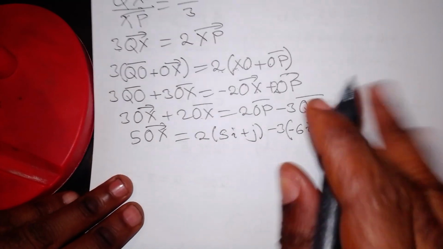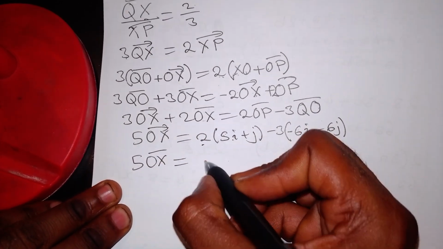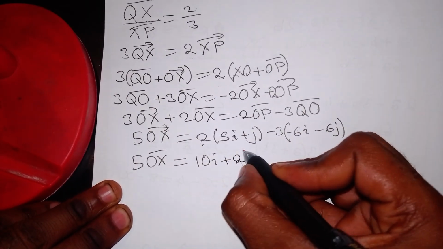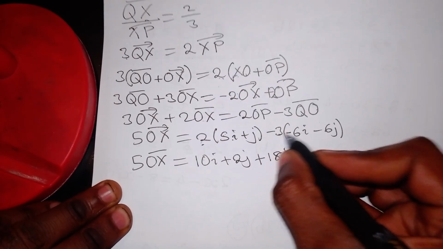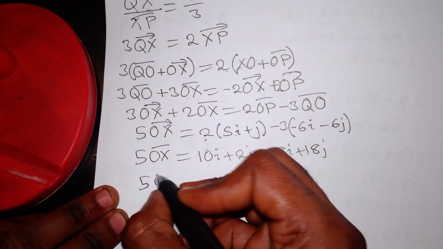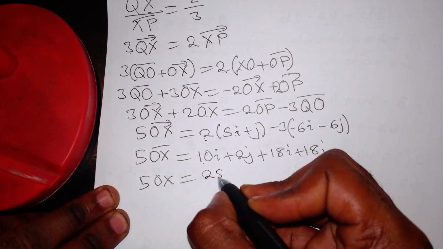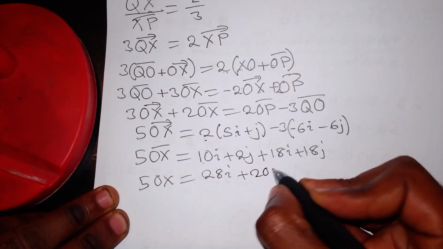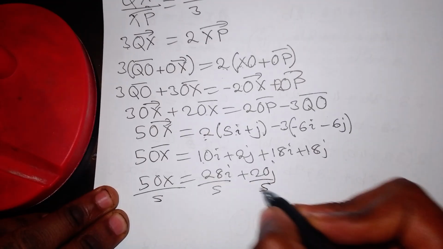And then we can simplify this further by saying this times this, you have 10i, this times this, we have 2j, and then we have positive 18i and positive 18j. Then 5OX will be, you add these two together, you have 28i, you add this to this, you have 20j, and then you can divide both sides by 5.